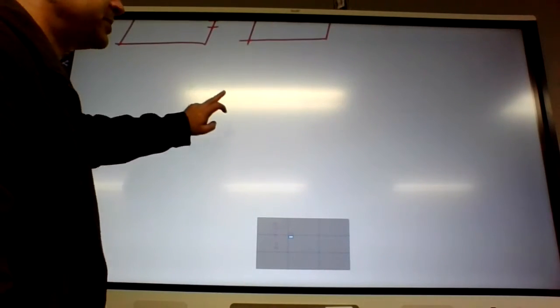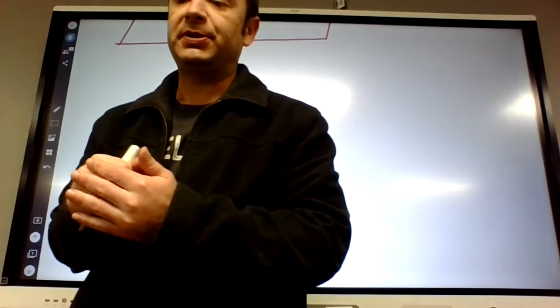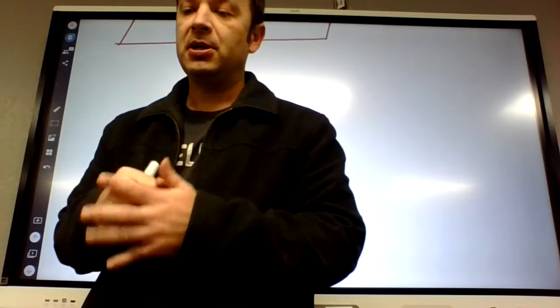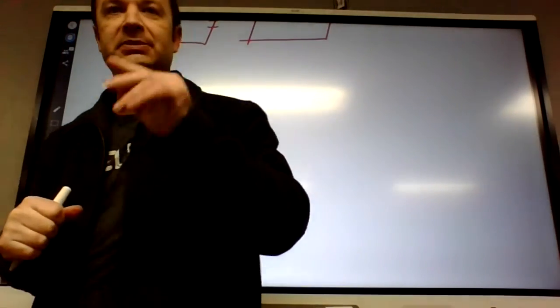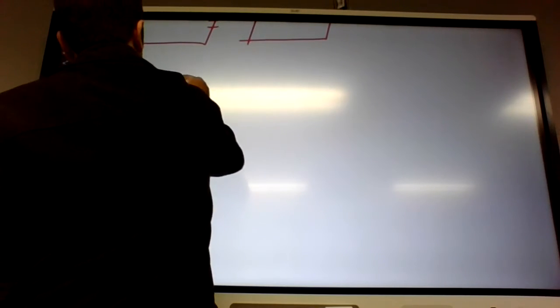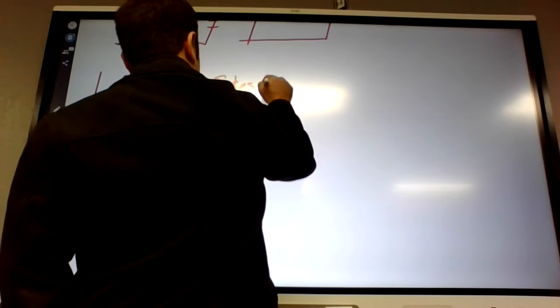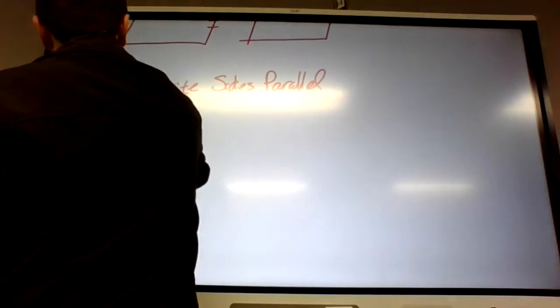Let's see how many of these you can get without your notes or the book or anything. What are 5 ways to prove that a quadrilateral is a parallelogram? Great. 2 pairs of parallel sides. Give me all 5. I'm going to put opposite sides parallel. Diagonals bisect each other.